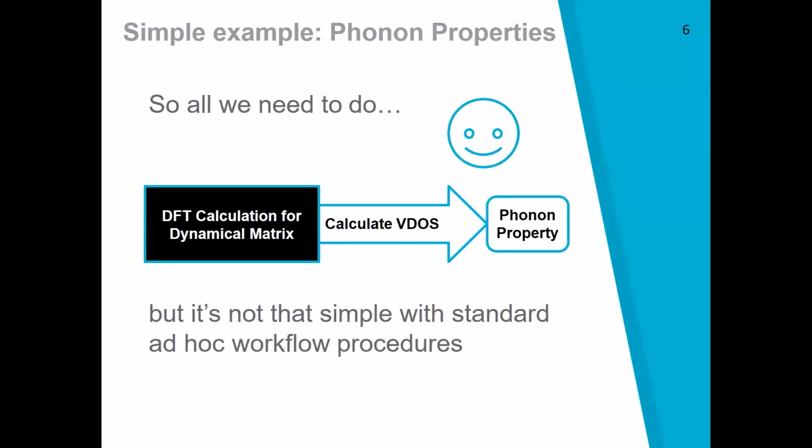So let's just look at a simple example of phonon properties. In terms of how a workflow runs, this is very simple. You run one code and then you run another code is the idea, at least. So all we have to do is do some DFT calculation that gives you the dynamical matrix. Many DFT codes do this: ABINIT, Quantum Espresso, VASP, lots of different things do this.